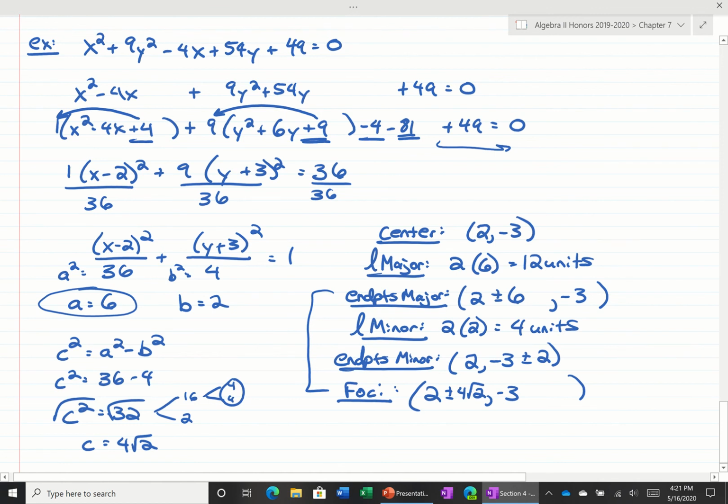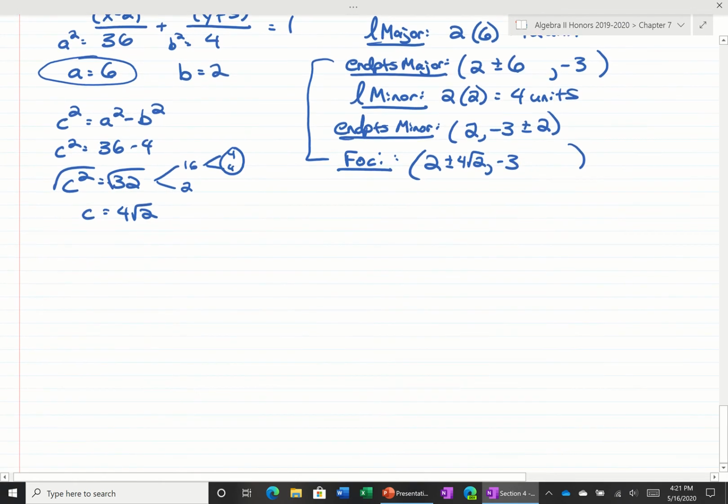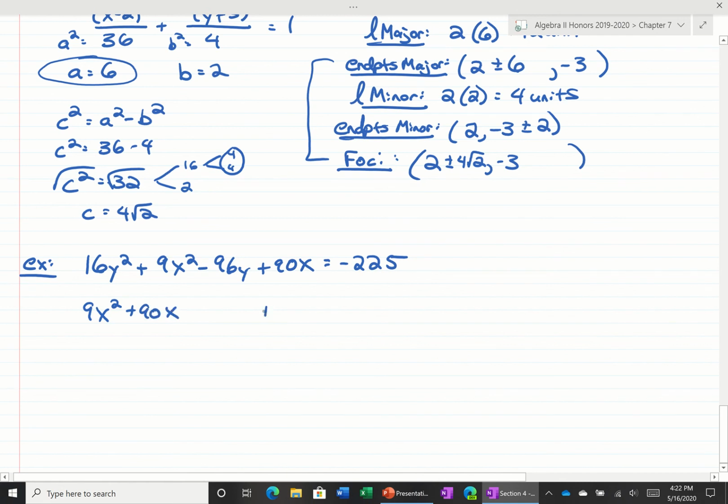All right, we'll do one more like this. And let's say it's 16y squared plus 9x squared minus 96y plus 90x equals negative 225. So we'll group our x's together. We'll group our y's together.